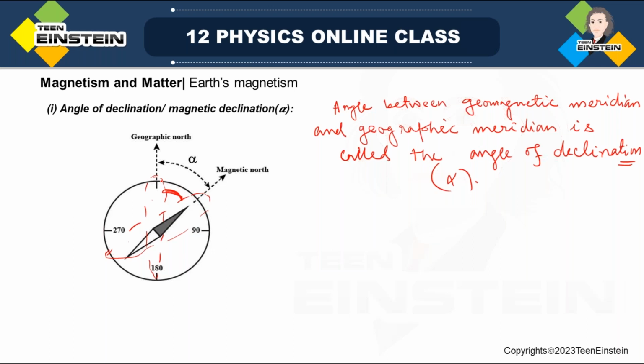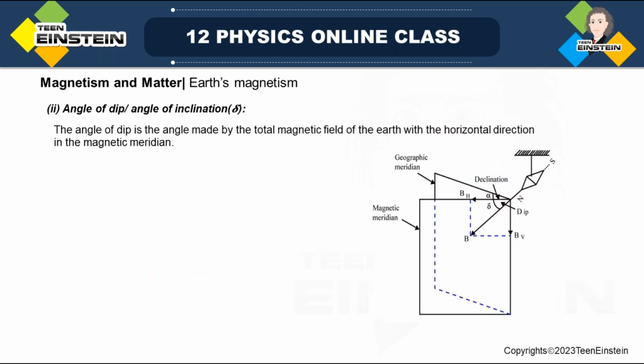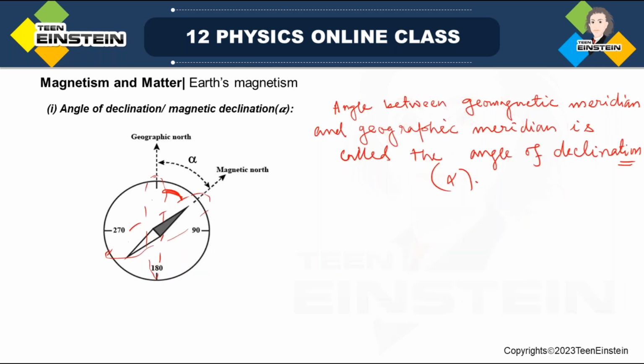So how to determine magnetic declination? If we want to determine the magnetic declination, then we have to set up a compass needle, or fix the compass needle, not vertically, horizontally.